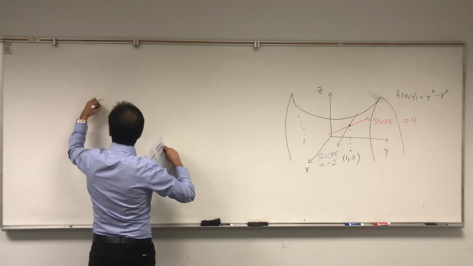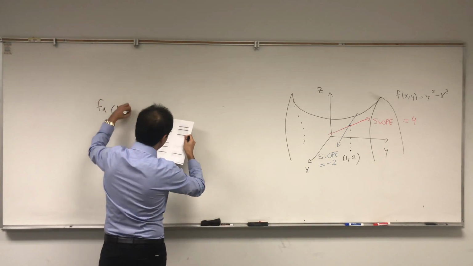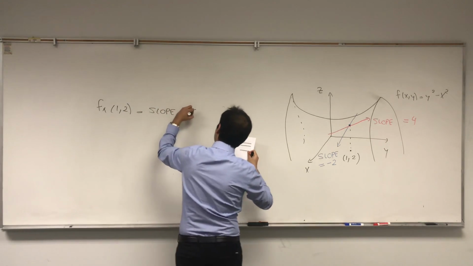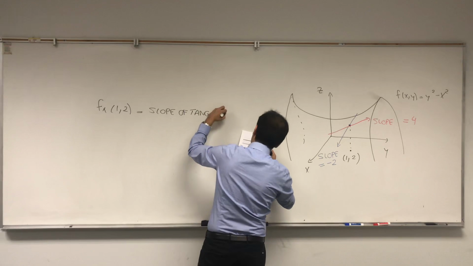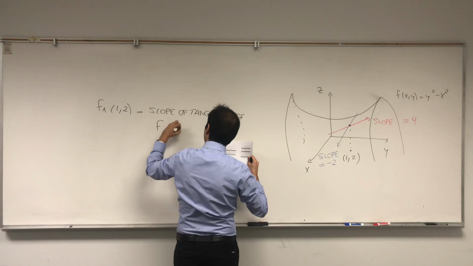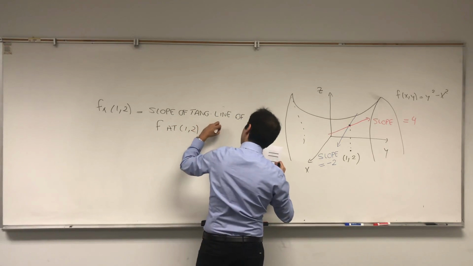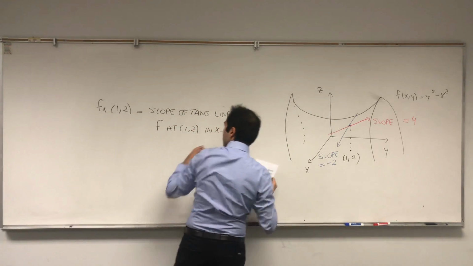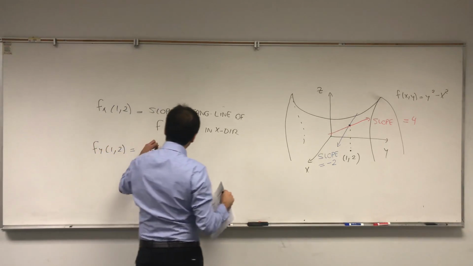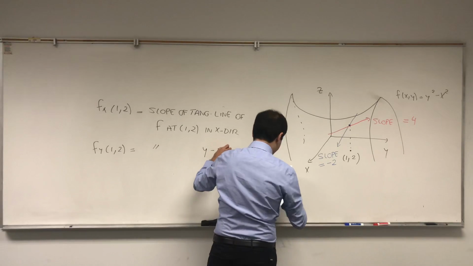In other words, let me just write this down. f_x at (1, 2) is the slope of the tangent line of f at (1, 2) in the x direction, and f_y at (1, 2) is the same thing, but in the y direction.